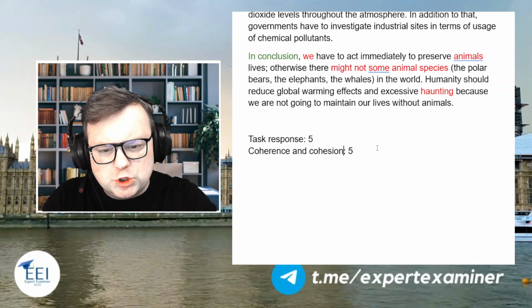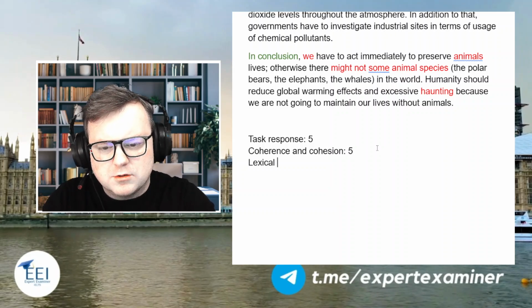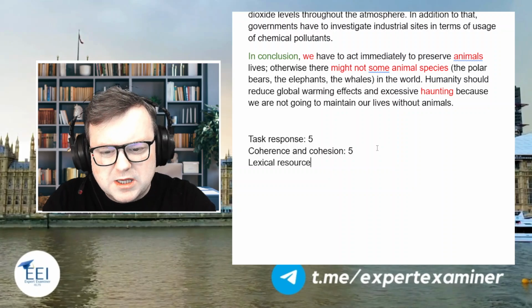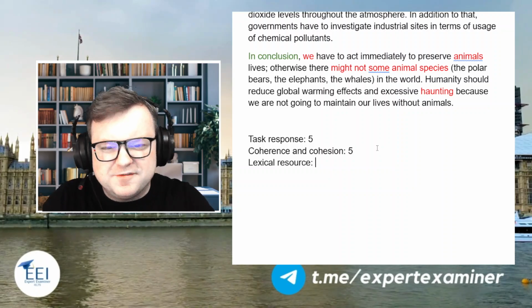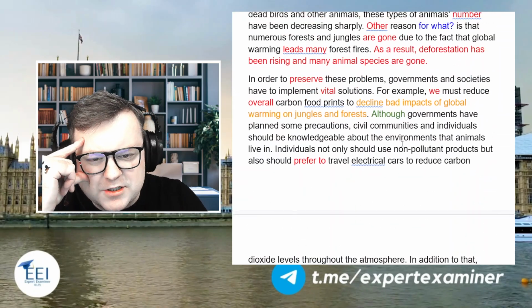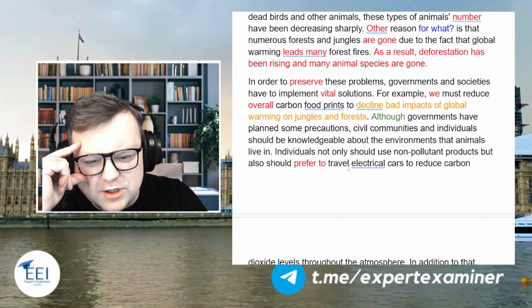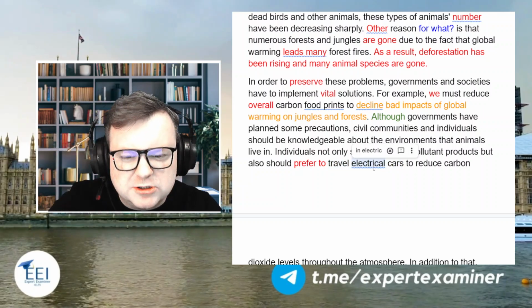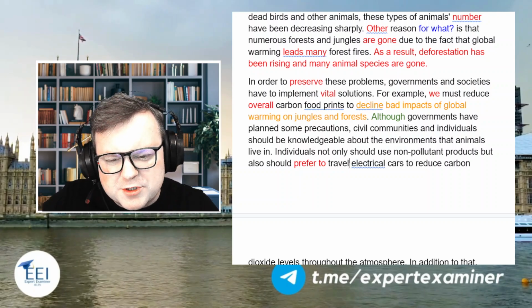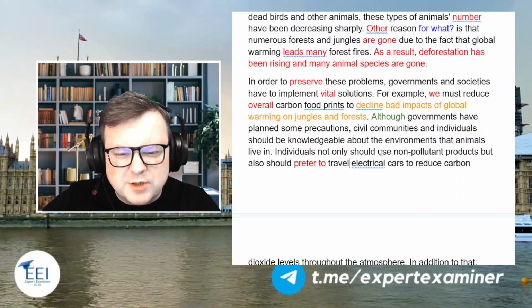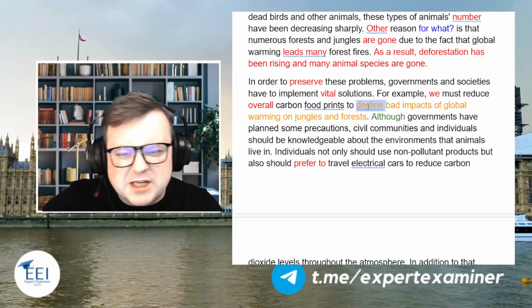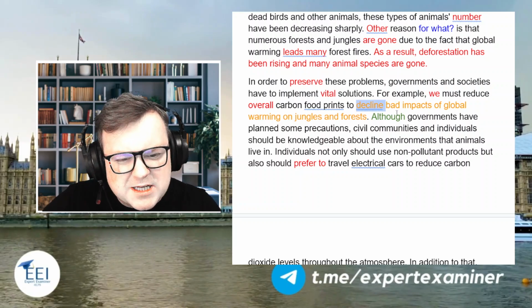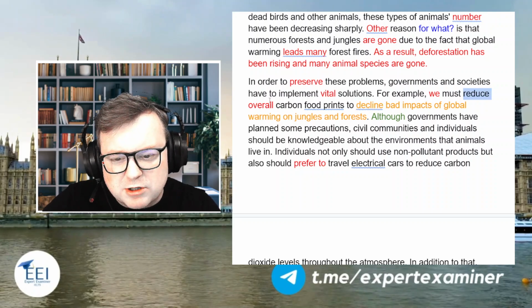Lexical resource. I feel probably a 5, or maybe enough for a 6, actually. So some strange things like travel electrical cars, like electric cars, not electrical. And also we should have that preposition in, so candidate doesn't know that preposition. Mixes up decline and reduces. That's not a massive problem, but does use reduce correctly here.